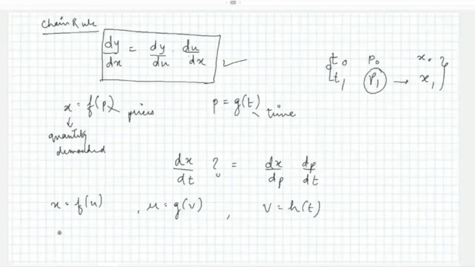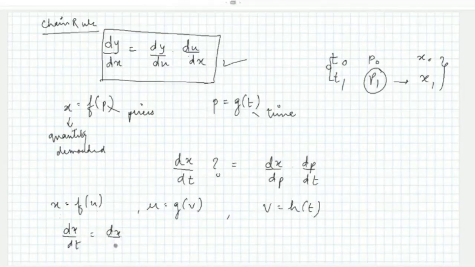And I can say that x is a composite function of t because x is related to u is related to v, and v is further related to t. So I can calculate dx by dt as dx by du into du by dv into dv by dt. So the idea is that you can extend it further by n number of functions. You just have to apply the chain rule consecutively.